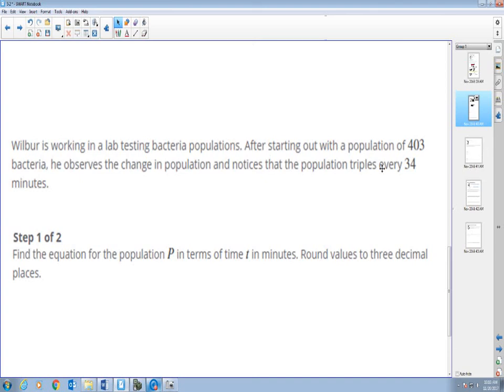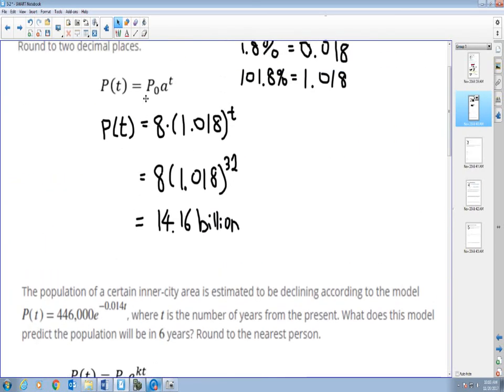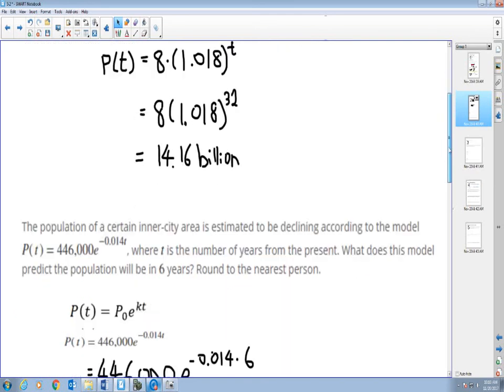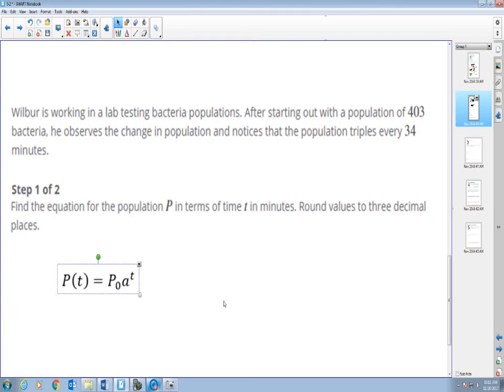After starting out with a population of 403 bacteria, he observed a change in population and noticed that the population triples every 34 minutes. Find the equation for the population P in terms of T in minutes. Round the value to 3 decimal places.